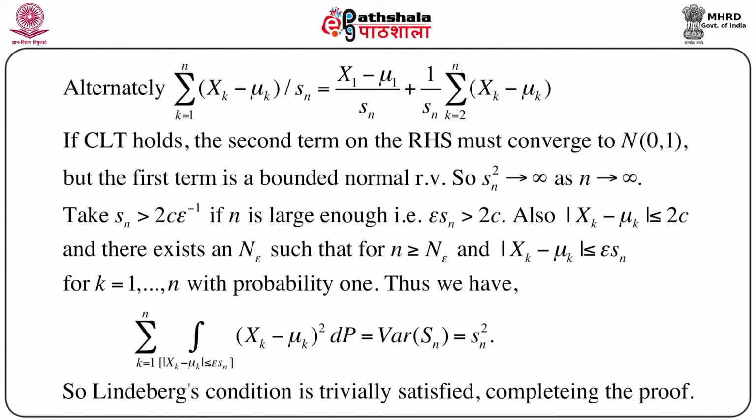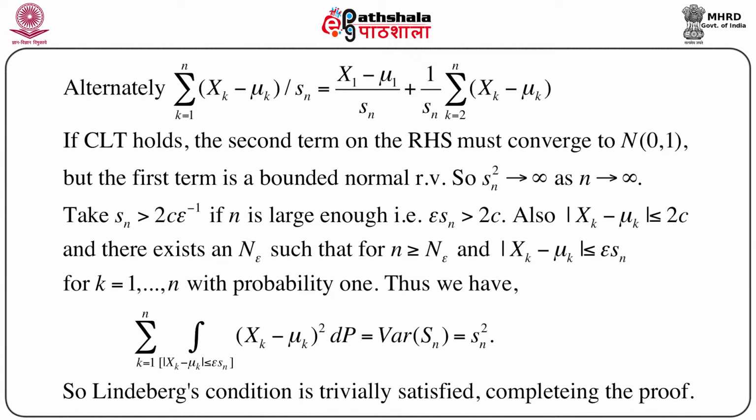Since S_n² goes to infinity, we can take S_n to be arbitrarily large, that means S_n greater than 2c/epsilon if n is large enough, that is epsilon S_n greater than 2c. Also, |X_k − μ_k| is less than or equal to 2c, because we have assumed the boundedness of the random variables. So there exists an N_epsilon such that for n greater than or equal to N_epsilon, |X_k − μ_k| is less than or equal to epsilon S_n for k equals 1 up to n with probability 1.